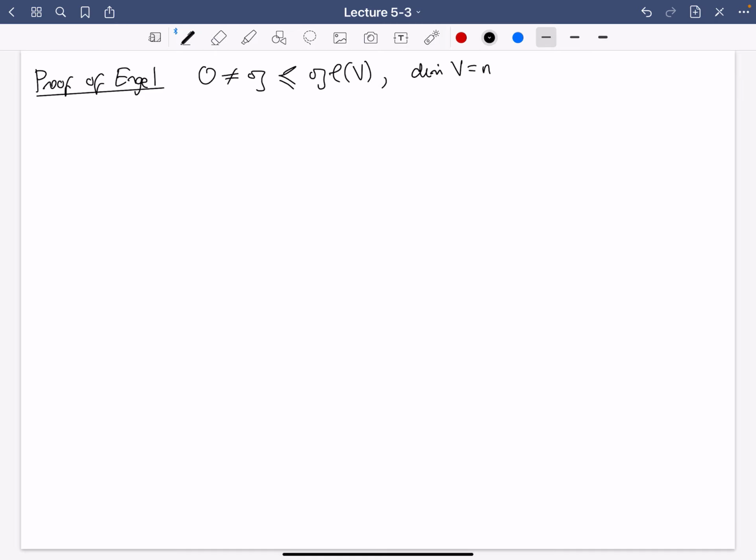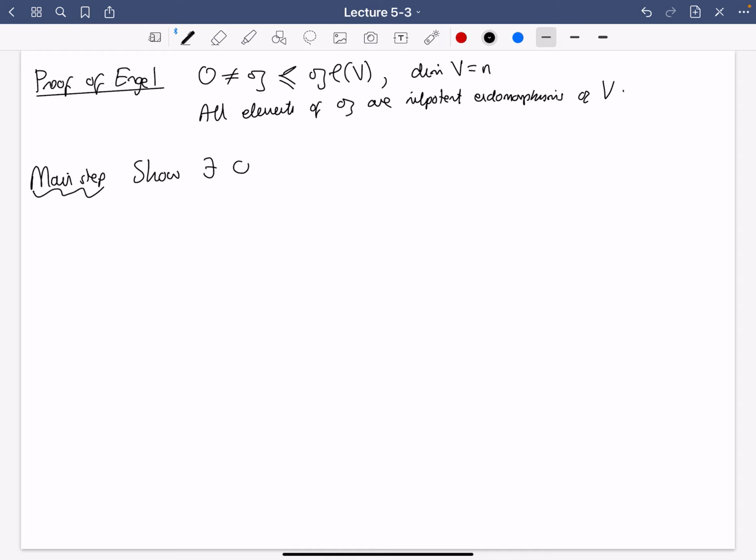And I'm assuming that all elements of G are nilpotent endomorphisms of V. So the main step in this proof, we're trying to construct this basis on which G acts strictly triangularly. The main step actually is just to show that there exists a non-zero vector in V on which G acts as 0.